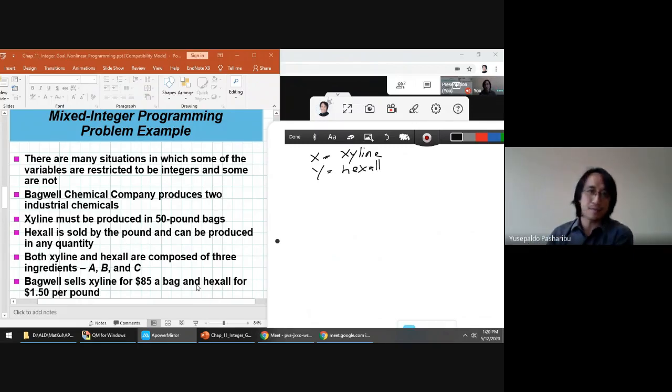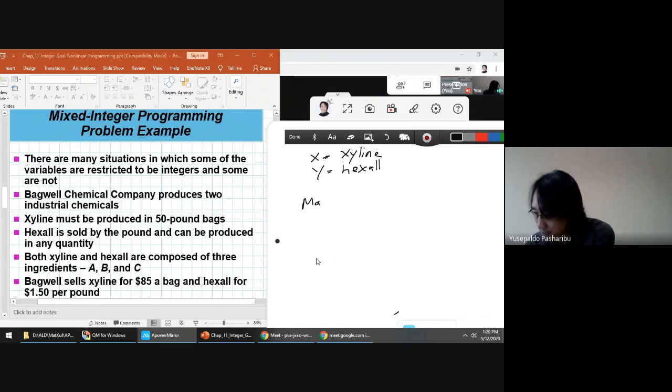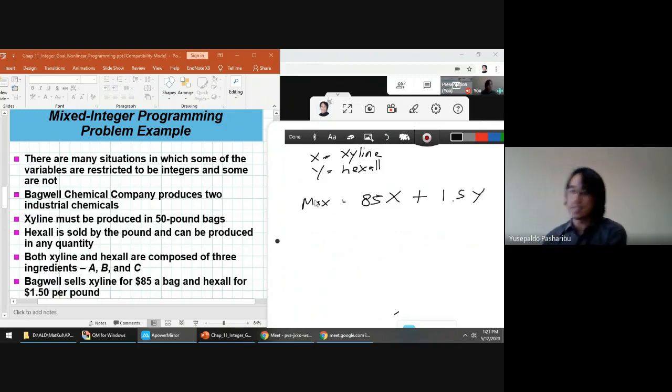This is the objective function. The objective function is maximization: 85x plus 1.5y. This is the objective or profit function.